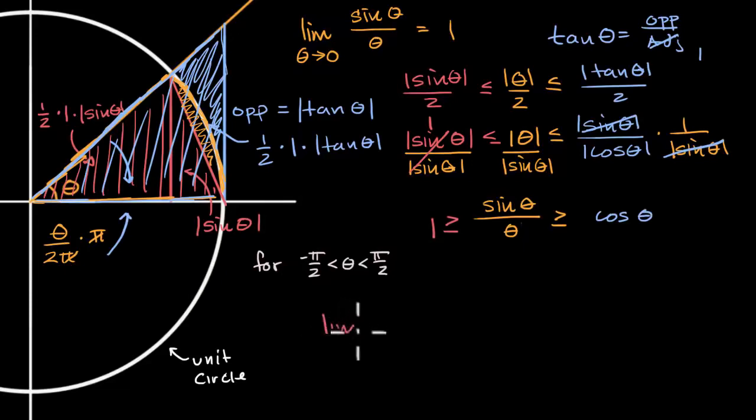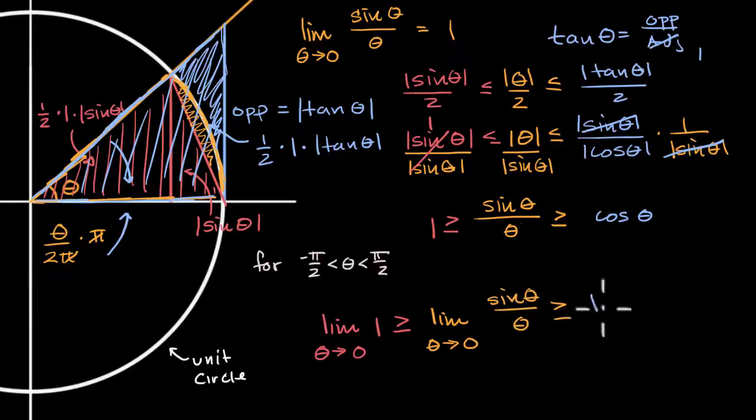The limit as theta approaches 0 of this is going to be greater than or equal to the limit as theta approaches 0 of this, which is the one that we care about, sine of theta over theta, which is going to be greater than or equal to the limit as theta approaches 0 of this.